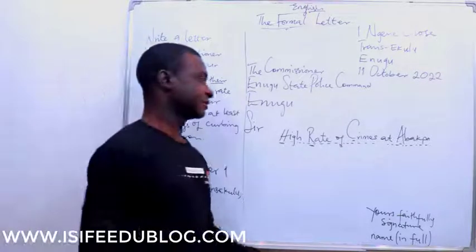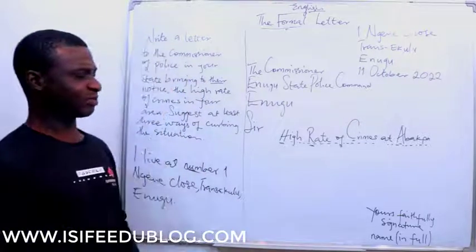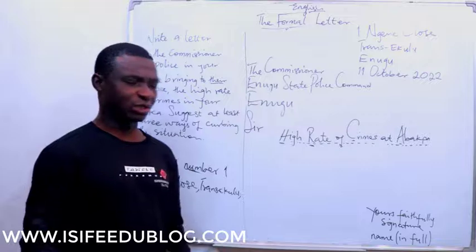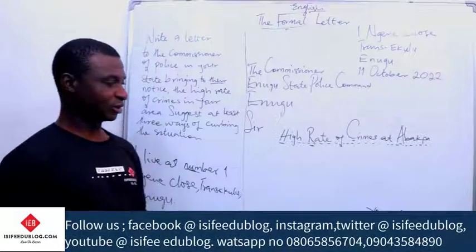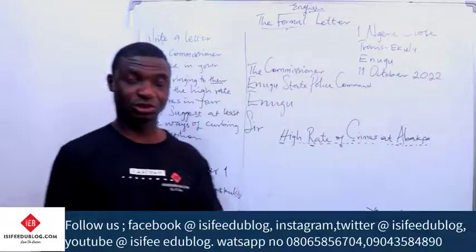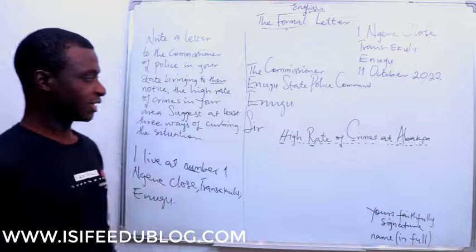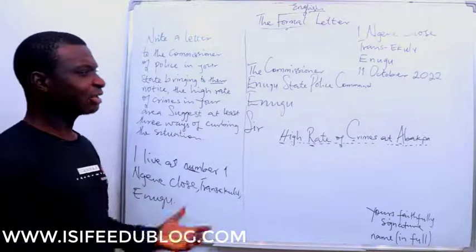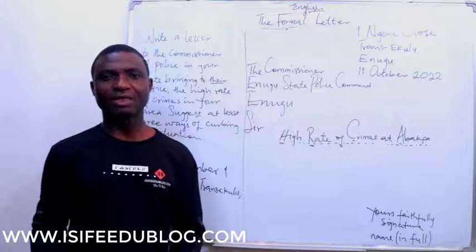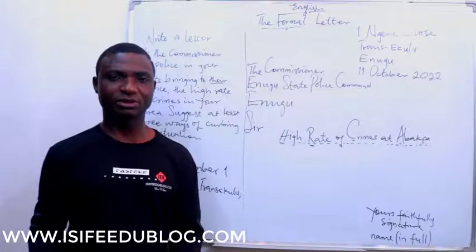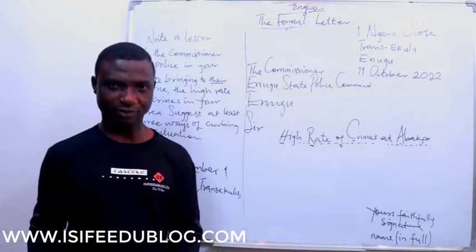Alright? Then you continue that way after this first paragraph where you acknowledge this commissioner. In the second paragraph, you introduce the business of the day immediately. Now, I write to bring to your notice the high rate of crimes at my area, Ababa.